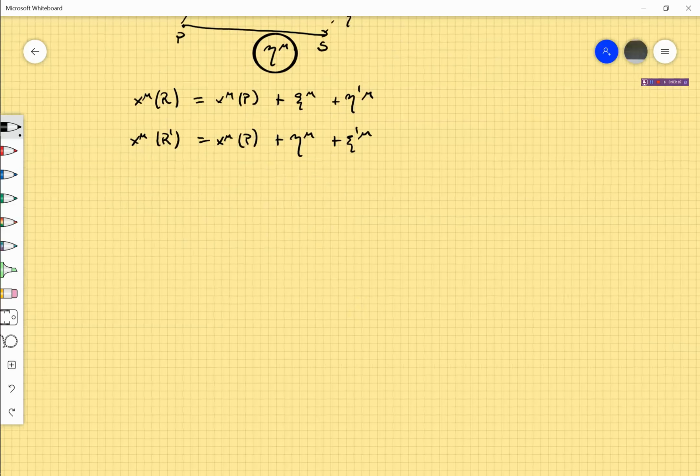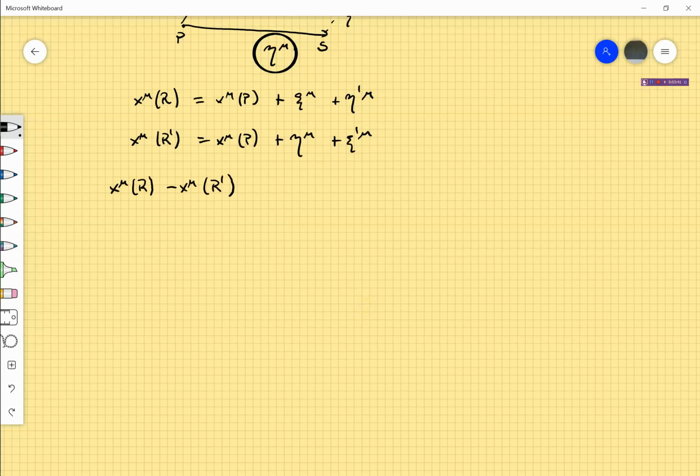Then the question is whether these two points R and R prime are the same. If our coordinates are good coordinates, then two points which are different will have different coordinates. So we just have to compute x mu of R minus x mu of R prime.